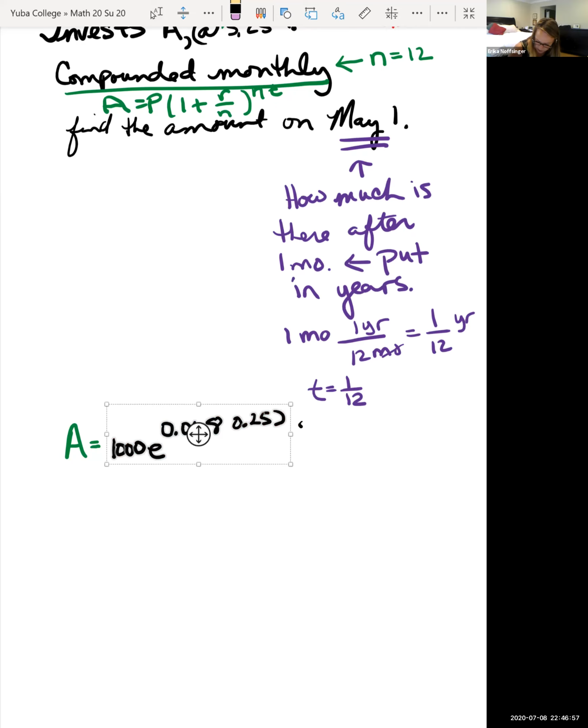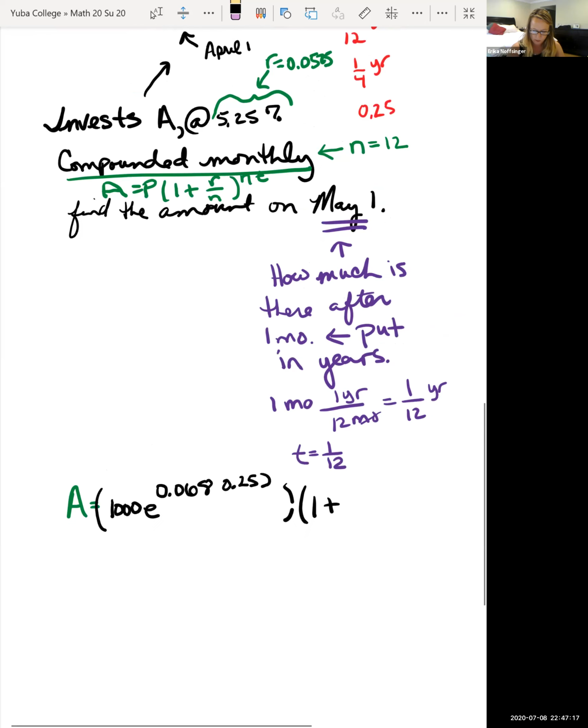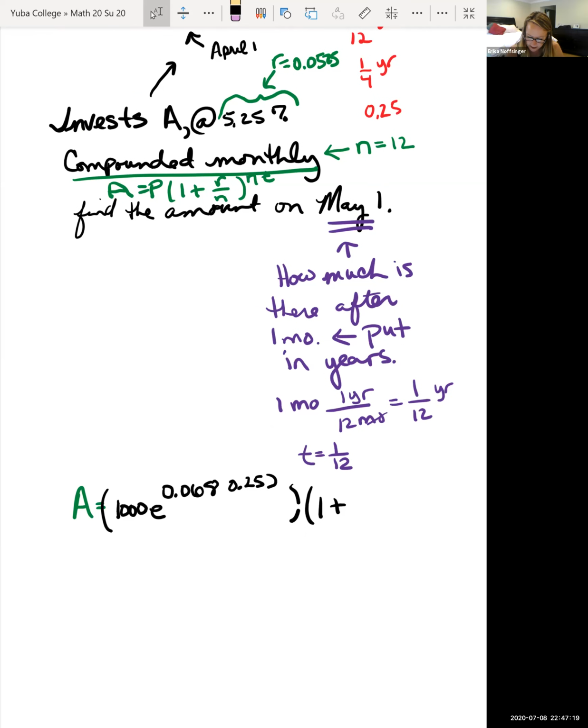Oops, I changed the color. Sorry, all times, not equals. 1 plus our interest rate, which we said was 0.0525, all over the number of times it was compounded a year, which is 12.